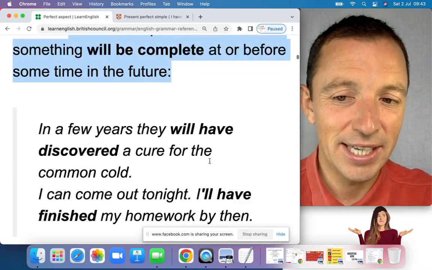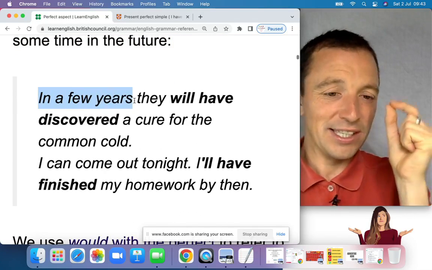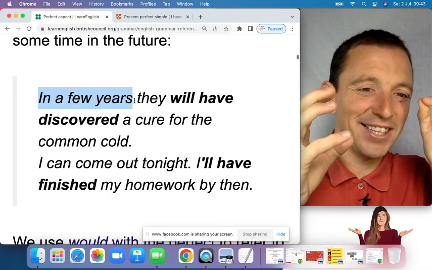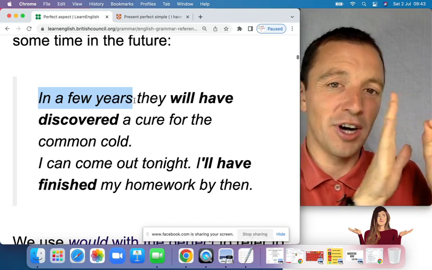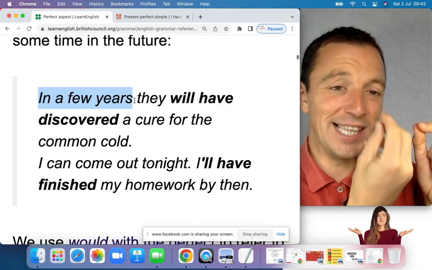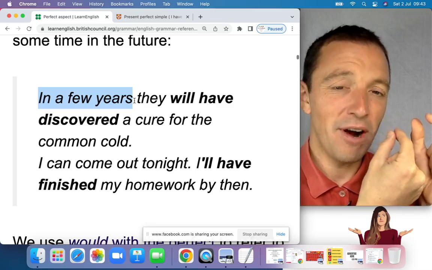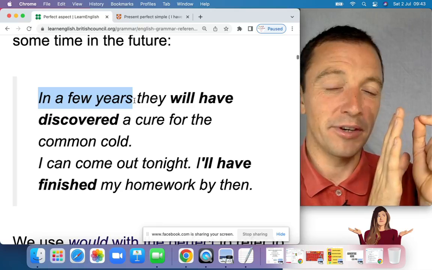Here is a good example. In a few years, so this is the particular moment in the future, in a few years, they, subject, will have discovered a cure for the common cold. So the subject is they, and the future modal is will plus the perfect, present perfect, have discovered a cure for the common cold.